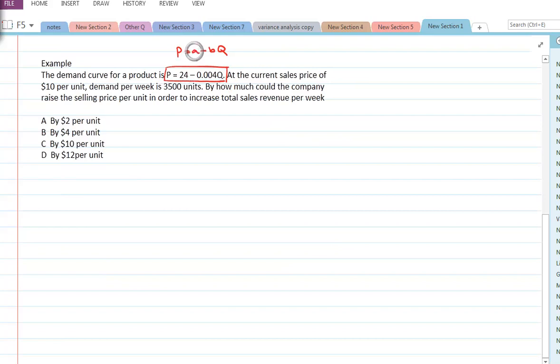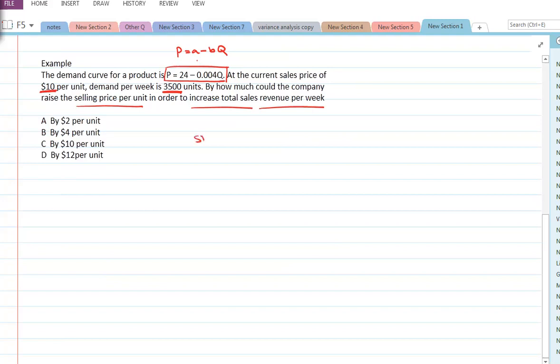It means that the maximum price will be 24 and B will be 0.004. The current selling price is $10 and the current demand is 3,500 units. By how much could the company raise the selling price per unit in order to increase the total sales revenue per week? So we want to see what the selling price should be to maximize our revenue.